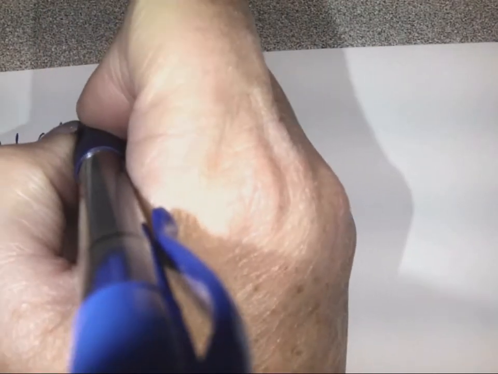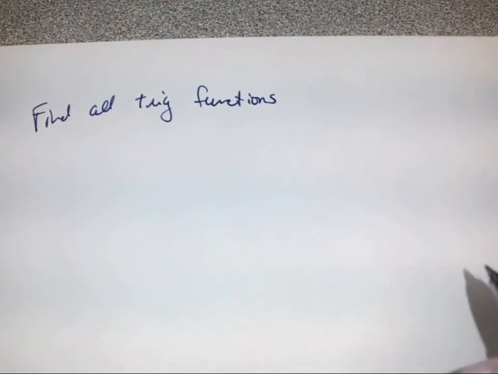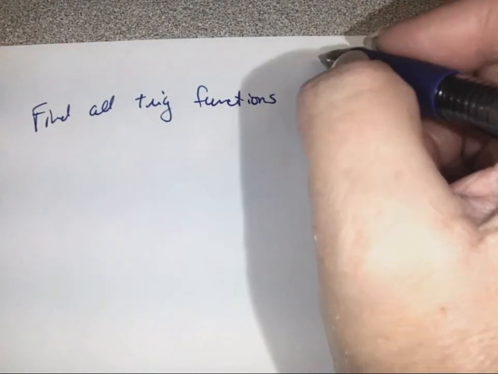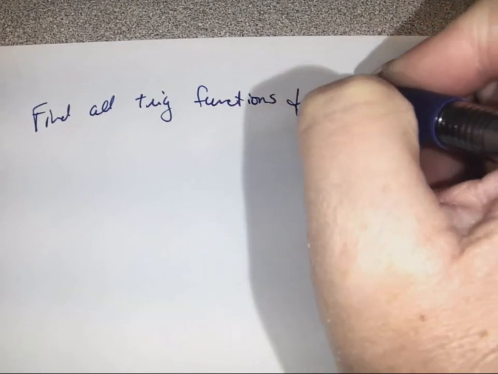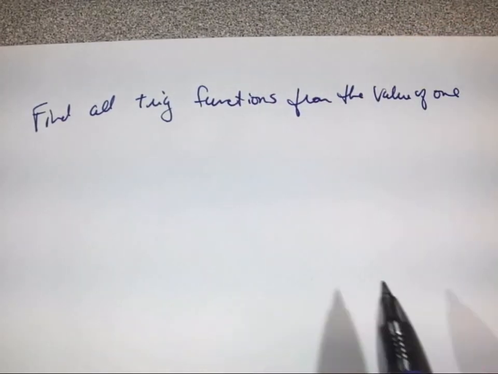So let's find all trig functions. And how many trig functions are there? That's right, there are 6. So find all trig functions from the value of 1, remembering that there are 6 of them.